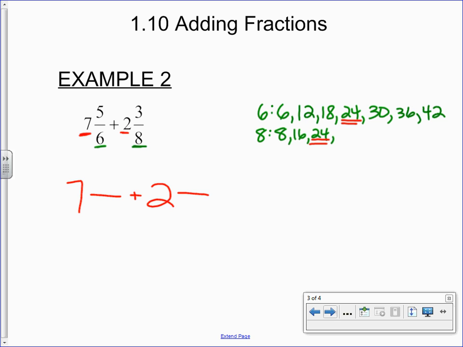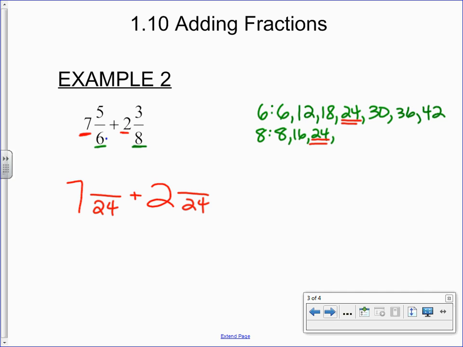In this case, if we had multiplied 6 times 8 to find a denominator, we would have gotten 48, which is okay. It's just that at the end we would have to simplify our fraction. So if we use 24 as our common denominator, let's now look at making our fractions equivalent.